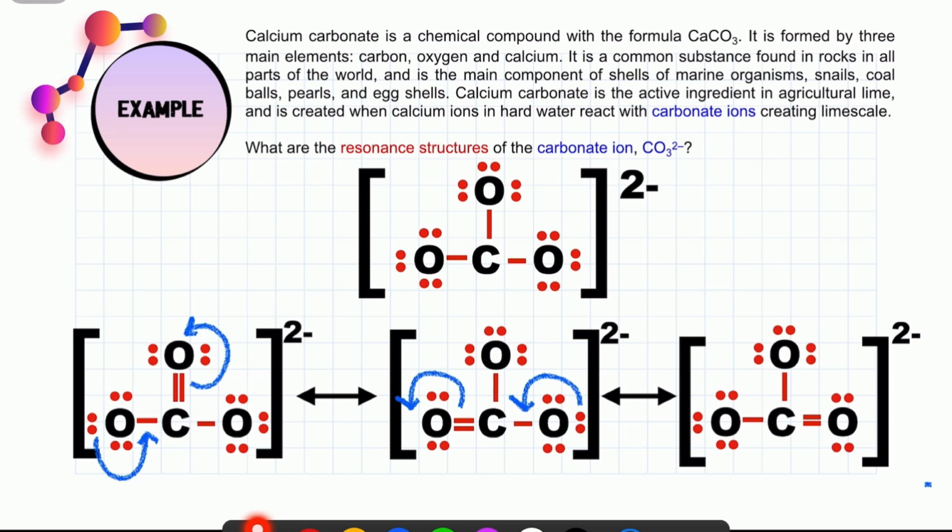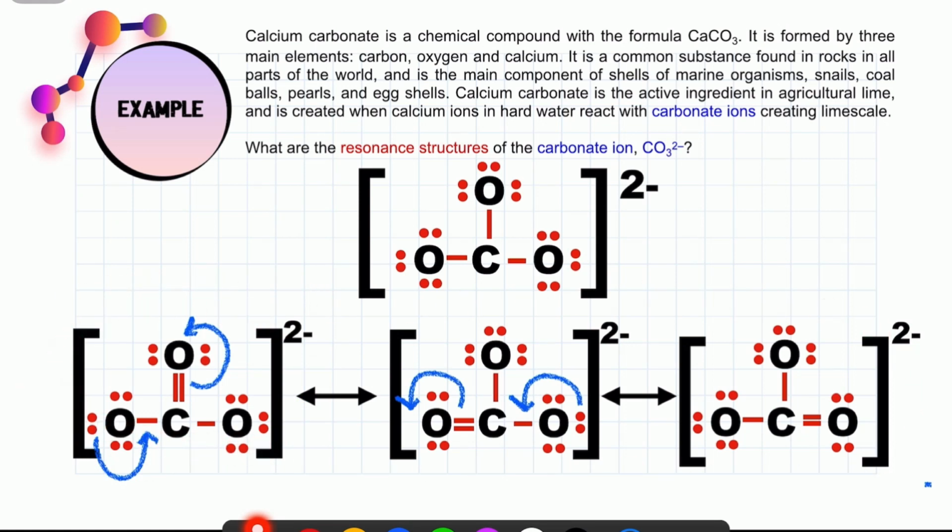This is because the electrons, the lone pairs and the bonding pairs, can be delocalized to form the other Lewis structures of the carbonate ion. So the carbonate ion cannot be represented by only one Lewis structure, because it has another two, which makes the total number of resonance structures 3.